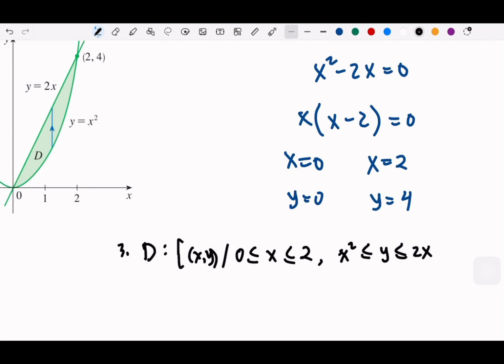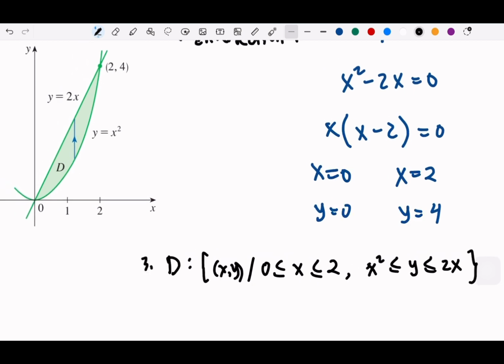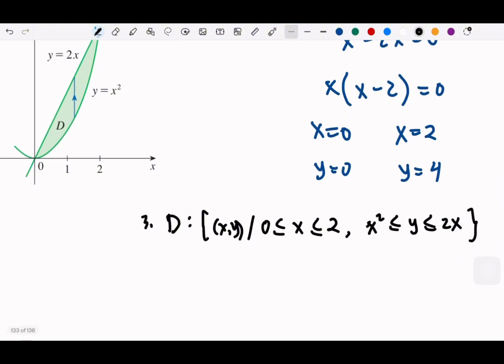Okay, based on the picture. So you see the bottom part is x squared, the upper part is 2x. Okay, so we've done that, and let z equal f(x, y) equal x squared plus y squared.